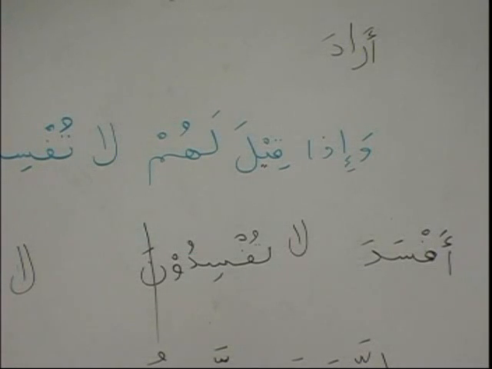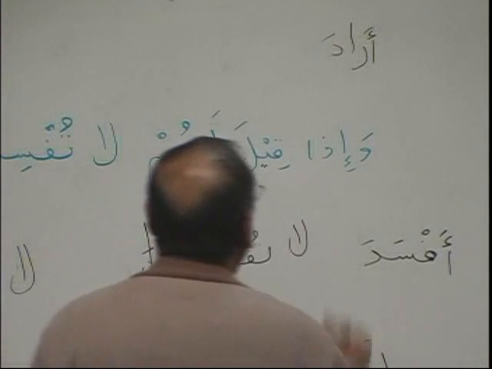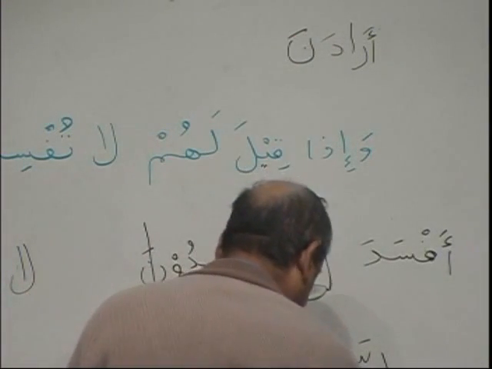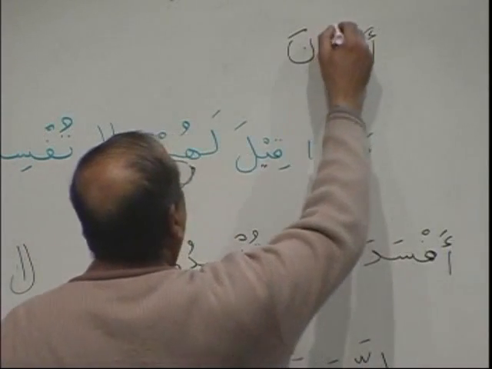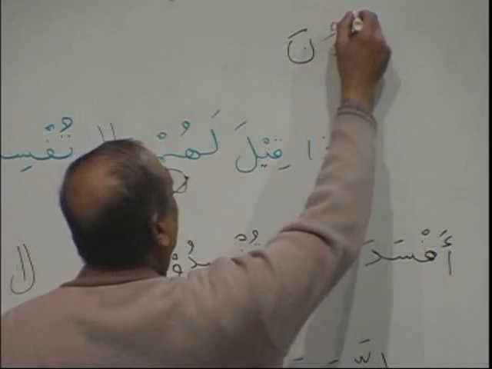Okay, can we conjugate quickly, brothers and sisters? Arada, aradu, aradat, aradata, aradna. How did you get aradna? As soon as you put noon here, you gave a sukoon here. But then there's a sukoon on alif also.